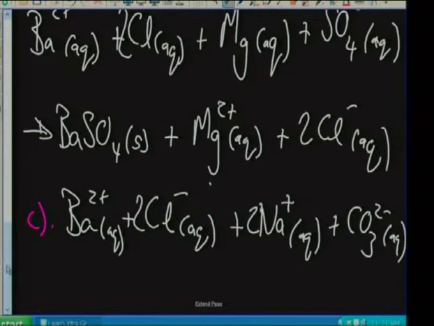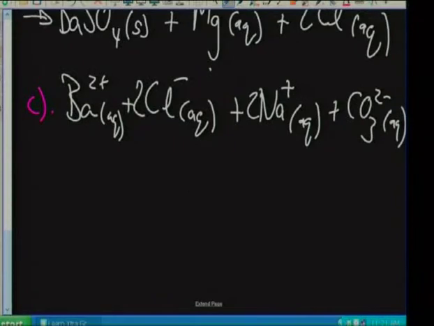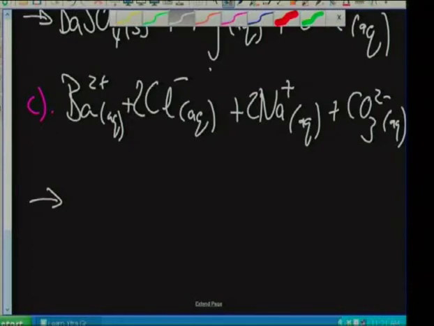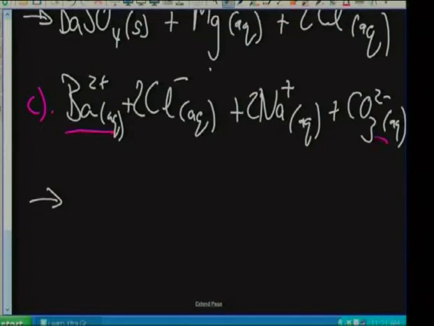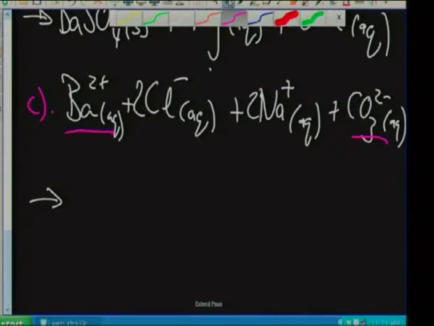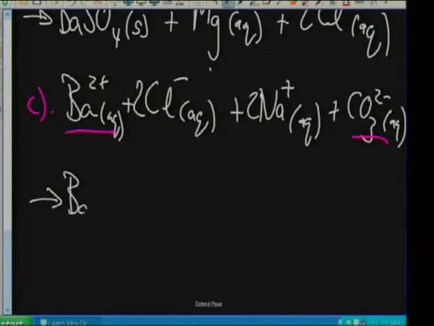Now, what's going to happen when I do the crossing over? We recognize that we're going to form a solid, a precipitate. When barium bumps into carbonate, it's going to form barium carbonate, which is a solid. And what's going to be left over?